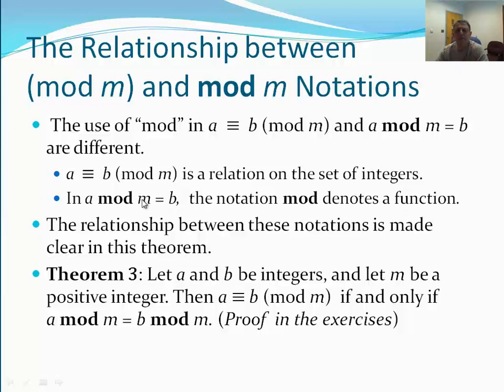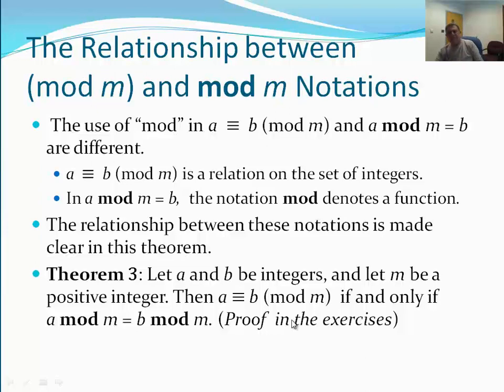In a mod n, the notation mod denotes a function, because we're talking about the remainder of just a divided by n. The relationship between these notations is made clear in this theorem. Let a and b be integers and let n be a positive integer. Then a and b are congruent mod n if and only if a mod n is equal to b mod n, right?